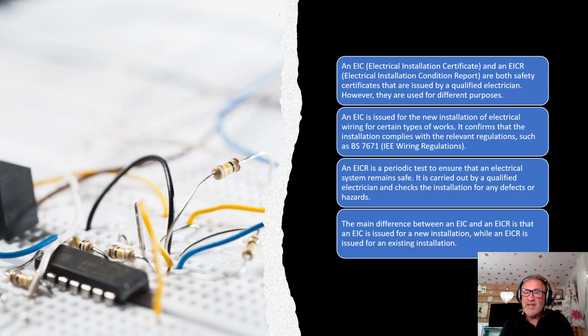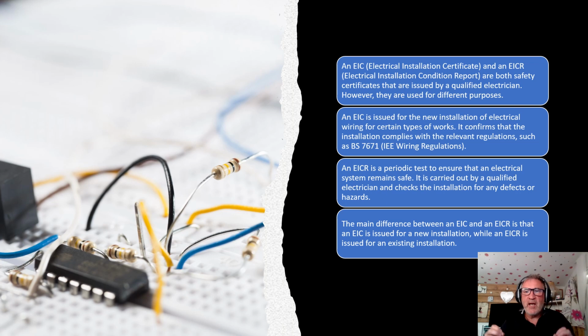So your assessor needs to see your ability to complete properly and produce an EIC and a minor works. They don't need to see the production of an EICR, an Electrical Installation Condition Report. Now they're often confused, but let's talk about them now.